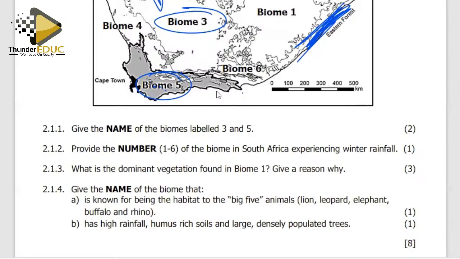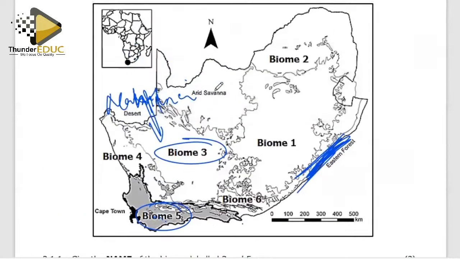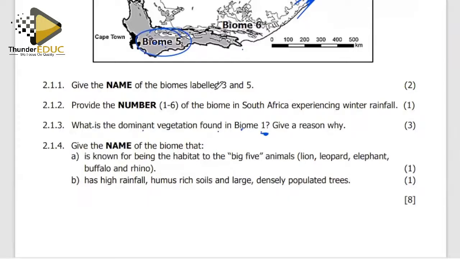Then they're saying, what is the dominant vegetation in biome 1? This is grassland. So it's grass. Give a reason for your answer.